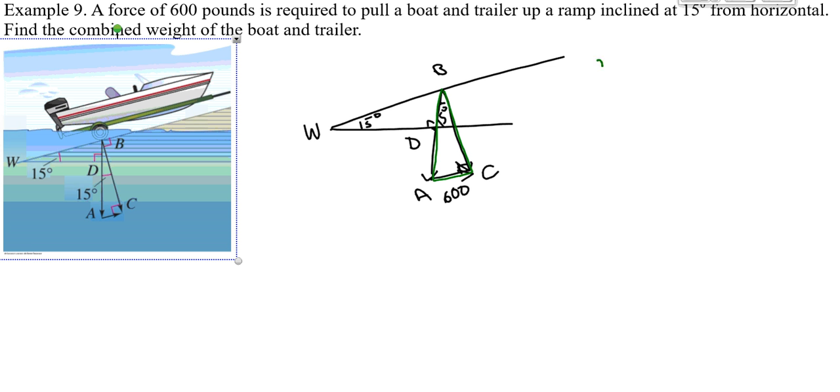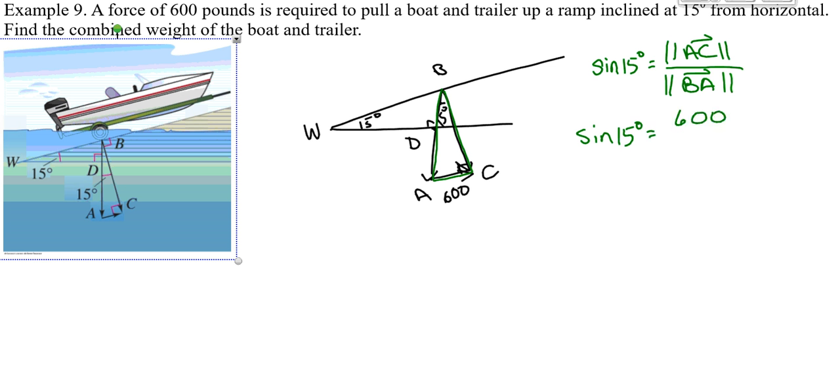So the sine of 15 degrees equals, written in terms of vectors, the magnitude of vector AC over the magnitude of vector BA, because AC is the opposite side. I'll plug in what I know to find BA, the combined weight of the boat and trailer: sine 15 degrees equals 600 over the magnitude of BA.